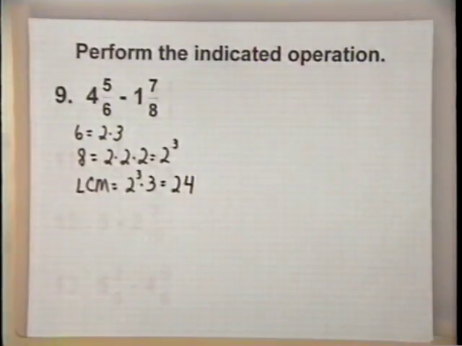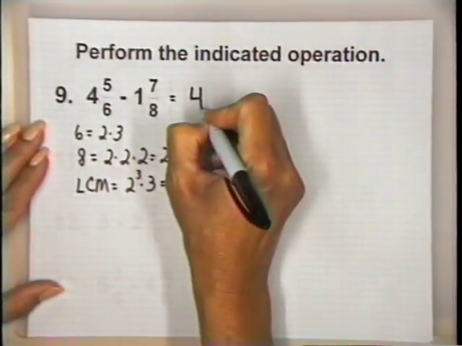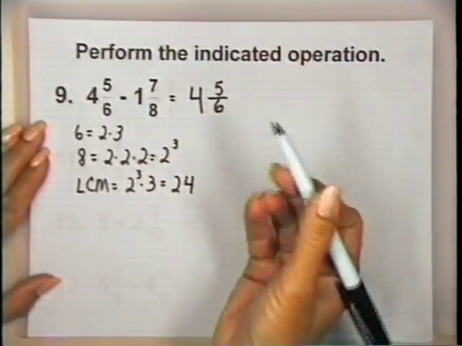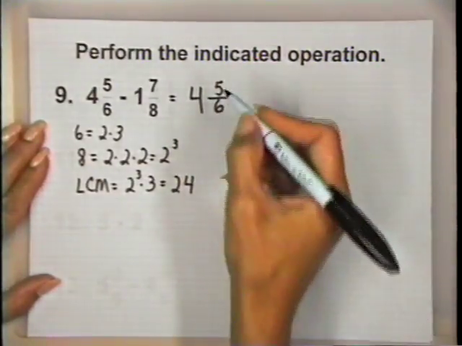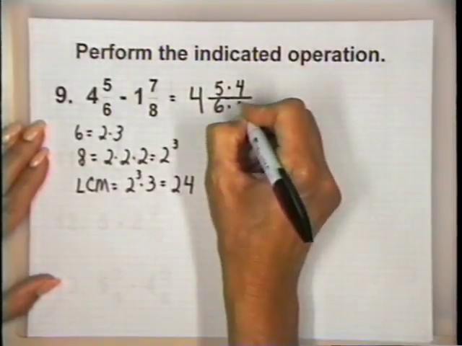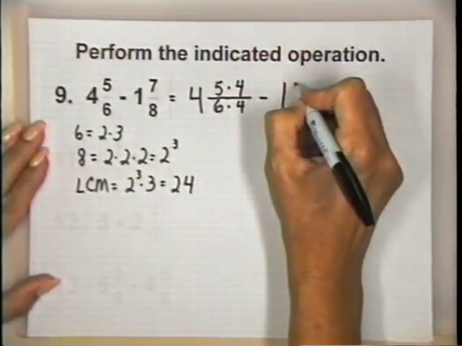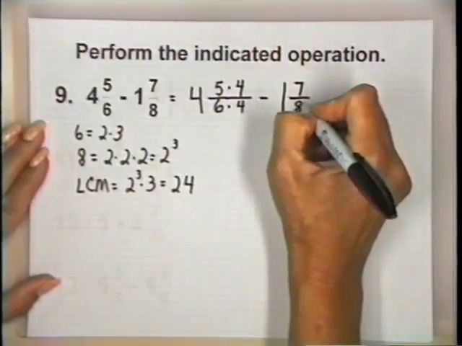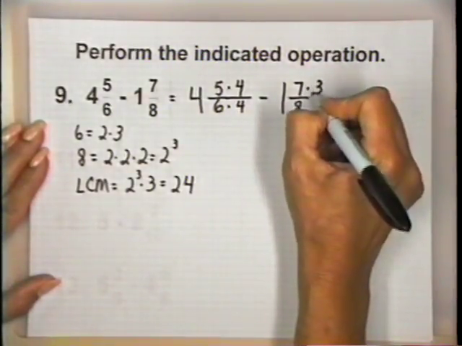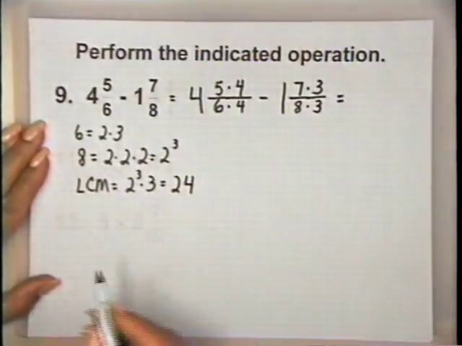Now let's rewrite each of these fractions. We have 4 and 5/6. 6 goes into 24 4 times, so I want to multiply the 5 and the 6 by 4. Subtract 1 and 7/8. 8 goes into 24 3 times, so I want to multiply the 7 and the 8 by 3.